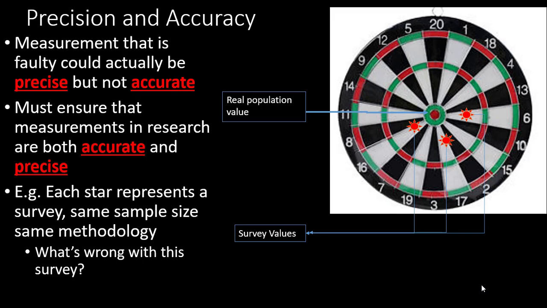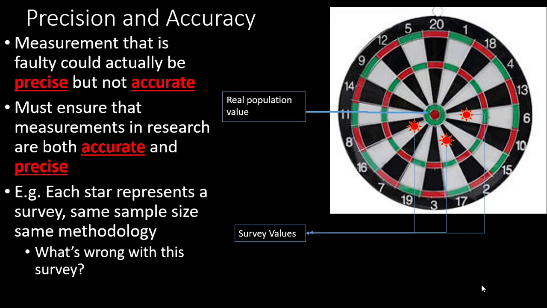So in this situation, if we ask what's wrong with this survey, it is imprecise, because after repeating the survey 3 times, it's not coming up with the same or similar values. The values are still quite different from one another, and also not close to the real population value.